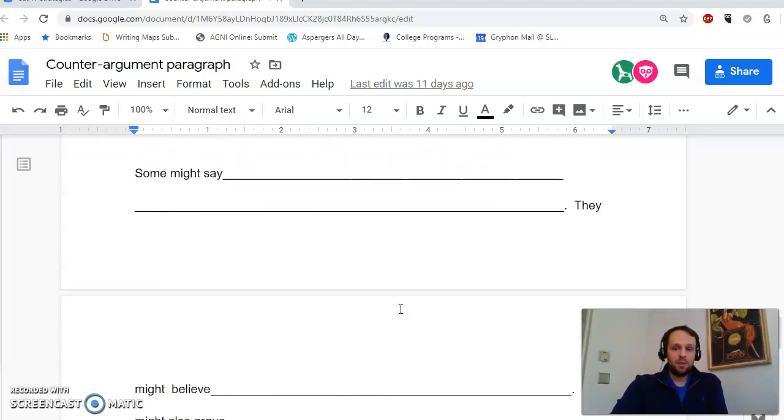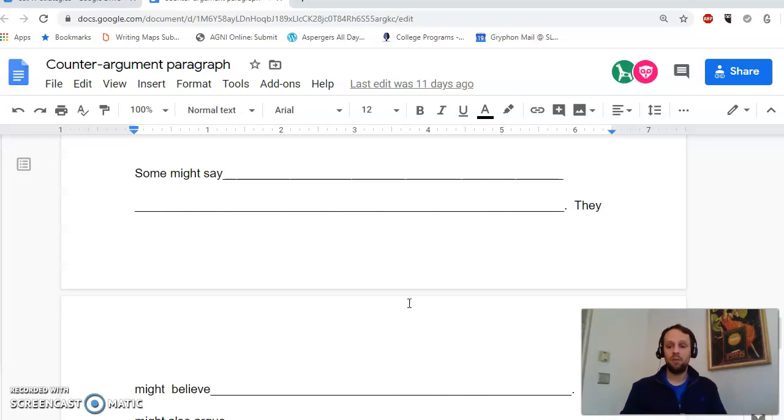And so we can talk about, most of the time your body paragraph is going to include some sort of a quote. And where the quote goes is going to depend on what your opinion is versus what the author's opinion is. For example, again, we'll go back to the multitasking example. If you're arguing with the author, then the opposite point of view is not going to be the author's point of view because you're on the author's side.